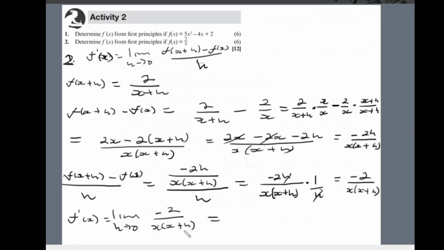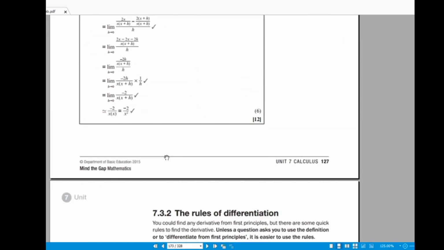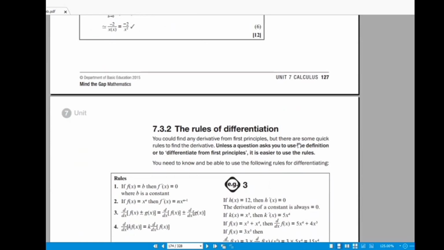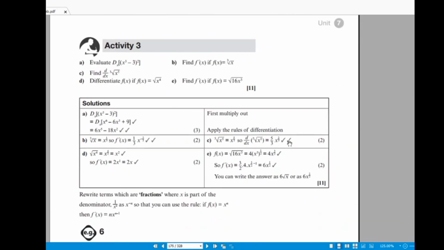And then at this stage, wherever we see h, we just put 0 to have our final answer of minus 2 over x times x, which is just minus 2 over x squared, right? Okay, I think we'll just stop here for this video, and then we'll proceed to using the rules of differentiation in the next videos. Okay.